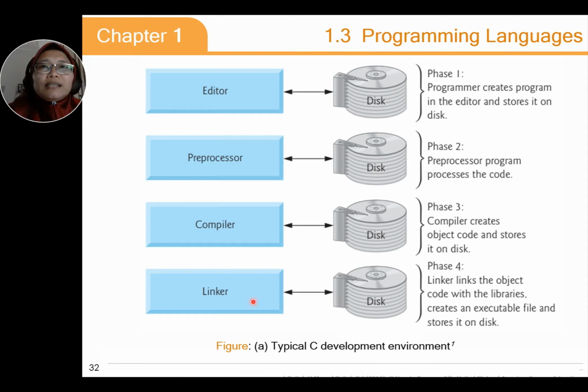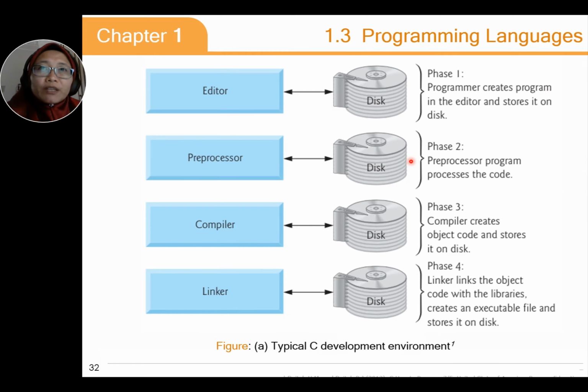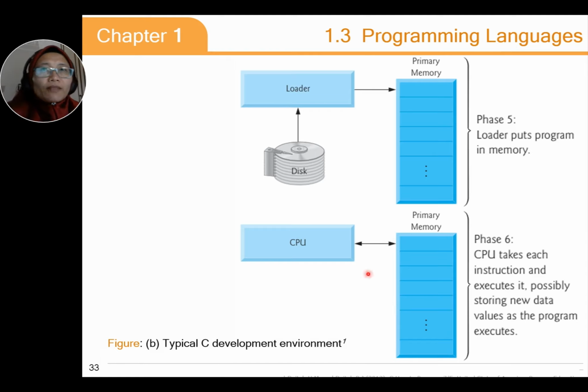And the linker links the object code with the libraries, creates an executable file, and stores it on disk. Next, pay attention. Previously it was disk. In phase 5, we see another new element: the primary memory. The loader puts the program into the memory.